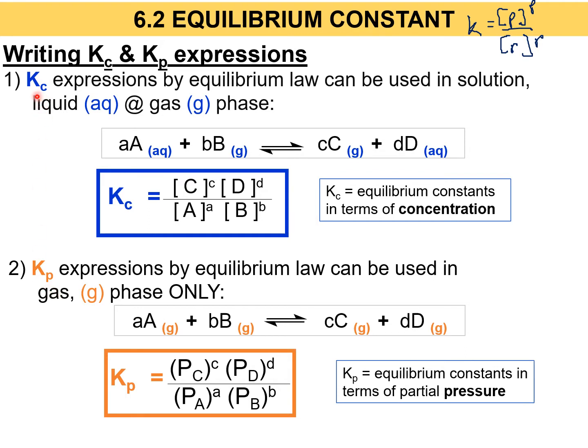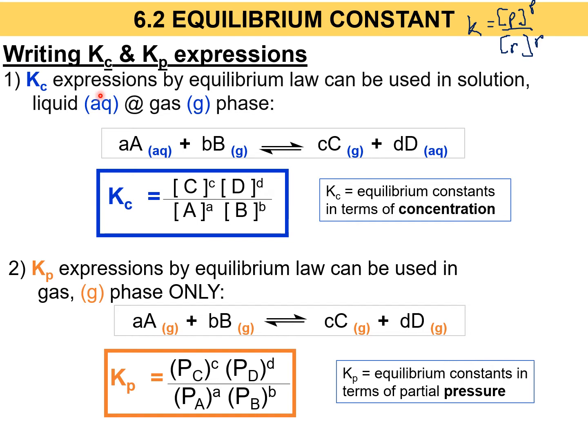Kalau Kc ni ialah equilibrium law expression yang di mana you boleh expresskan fasa gas dengan aqueous sahaja. Okay, so Kc ni ialah equilibrium constant in terms of concentration. So as you can see here, bila nak write the equilibrium constant tu in terms of concentration, dia boleh follow the definition of the equilibrium law, which is the concentration of product to the power of product divided by the concentration of reactant to the power of reactant.